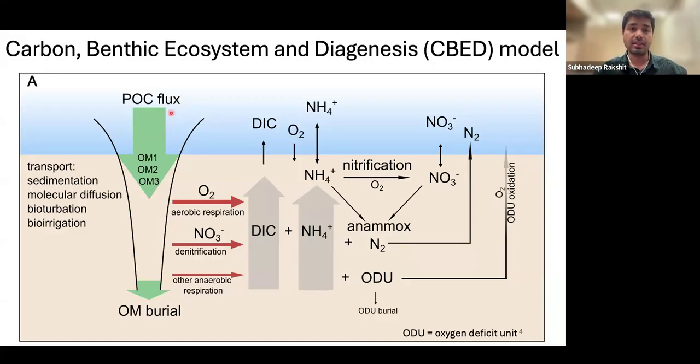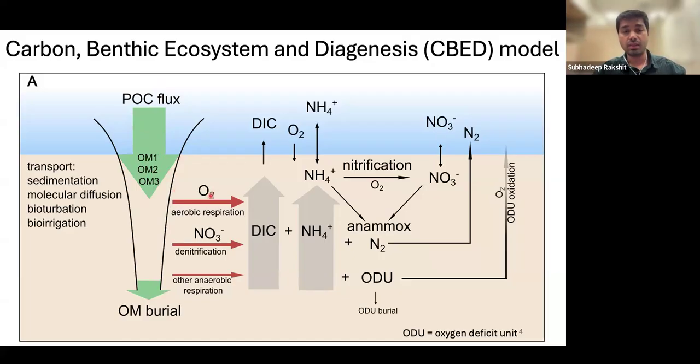So the POC flux is in the water column, which is the Cobalt model, and that reaches the seafloor. Then we use this multi-G approach, where we divide the organic matter reaching the seafloor into three parts: organic matter 1, 2, 3. These are the fast reacting, medium reacting, and slow reacting parts of the organic matter.